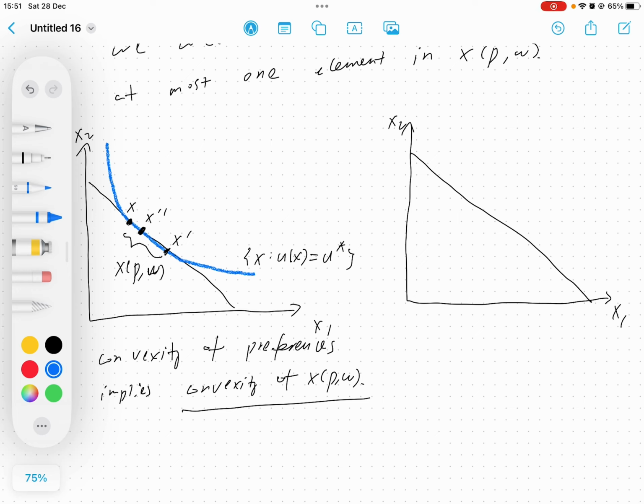This set of the preference is strictly convex, so it cannot have this sort of straight part perfectly aligned with the budget. It cannot be like that. It has to be convex everywhere, like this or like this.